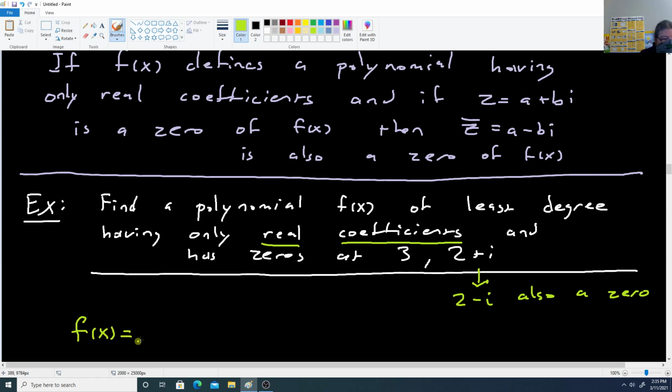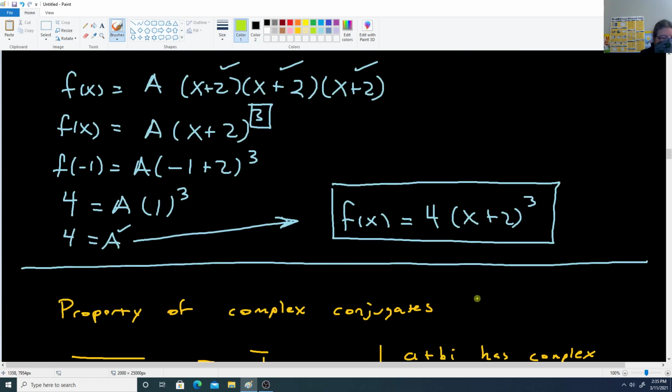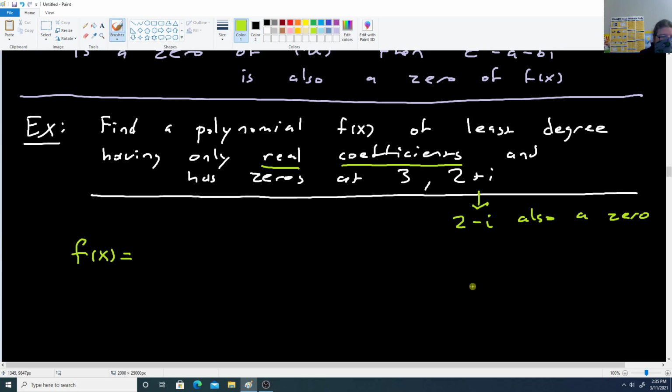When we were building up the other problems, we had conditions like f of 1 equals 3 or f of -1 equals 4, so we used an a value. This time they don't give any such condition, so I don't need an a. I'm just going to write down x minus 3. This creates the 0 at 3.